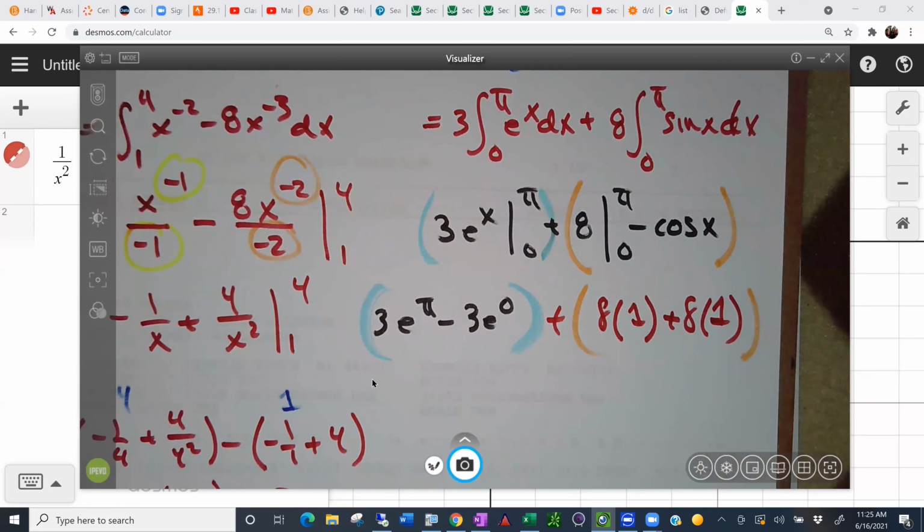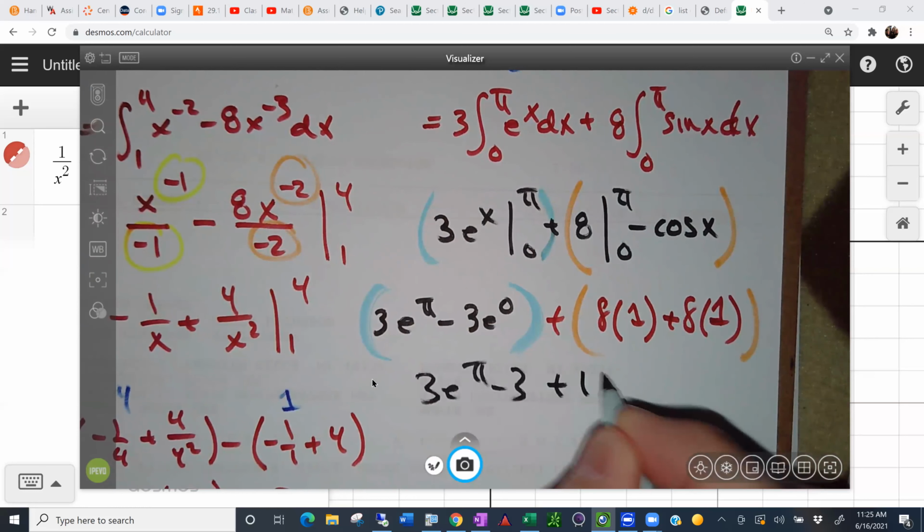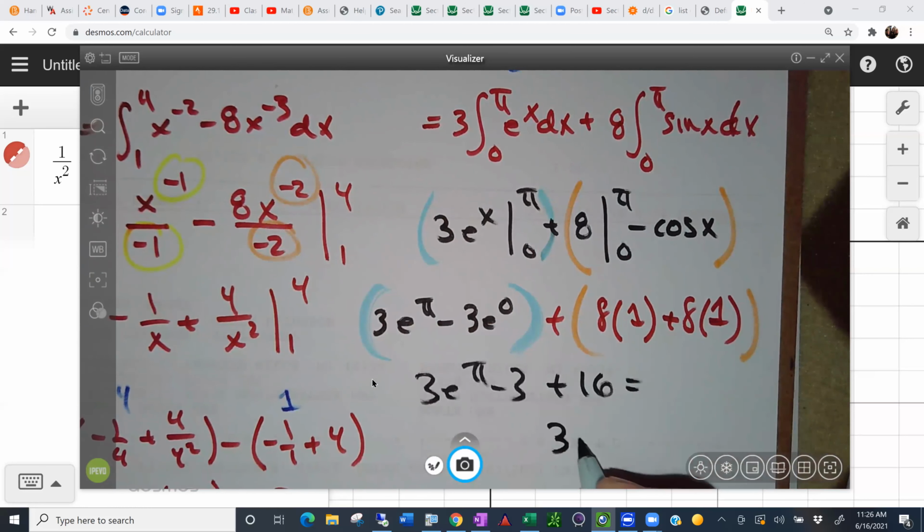So let's take a look at what we're left with overall. That's going to be 3e to the pi minus 3 plus 16 equals 3e to the pi plus 13. And you can check that on your graphing calculator, but all you're going to get is a decimal value of this. And then what you might want to do is compare that to the decimal value of 3e to the pi plus 13. See that they're the same.